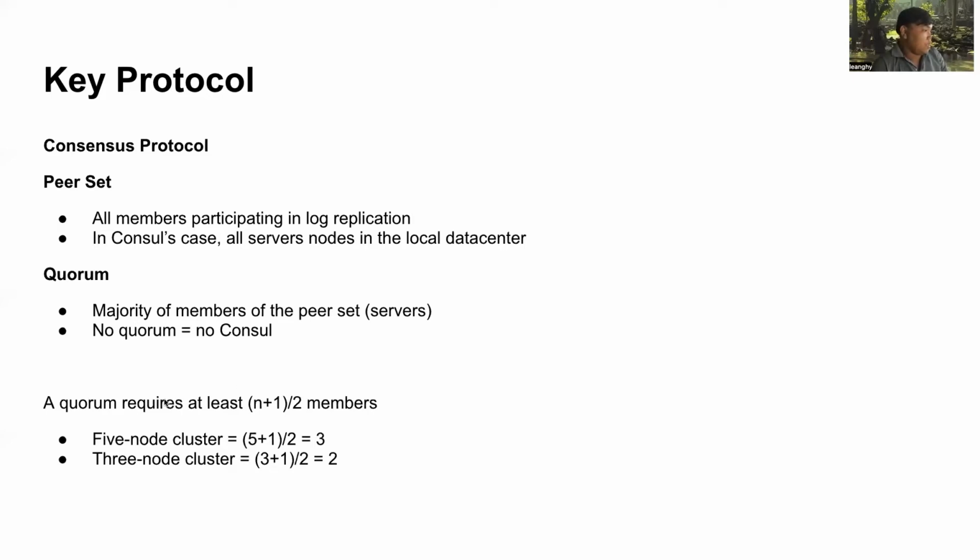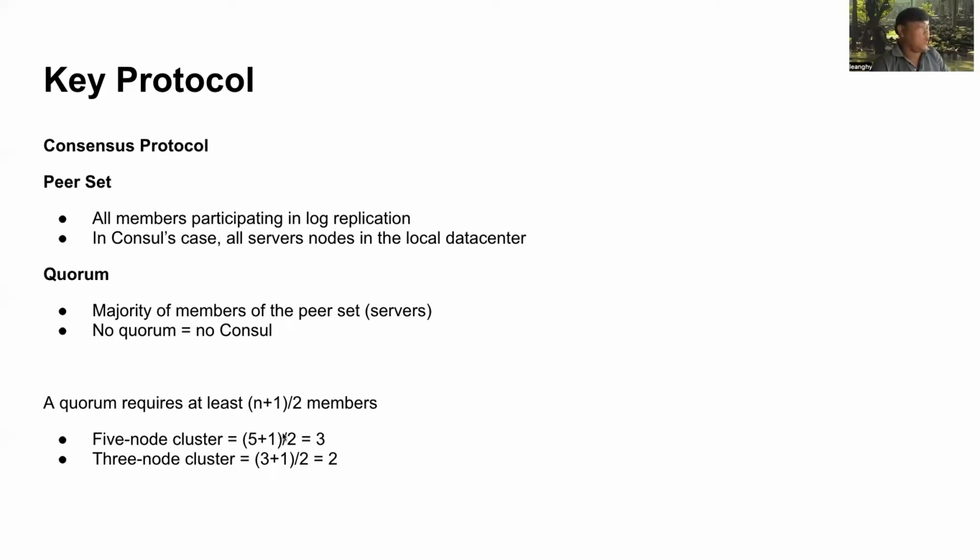And the quorum requires at least (n+1) divided by 2. That means if we have a 5-node cluster, we have to calculate 5 + 1 divided by 2 equal to 3.